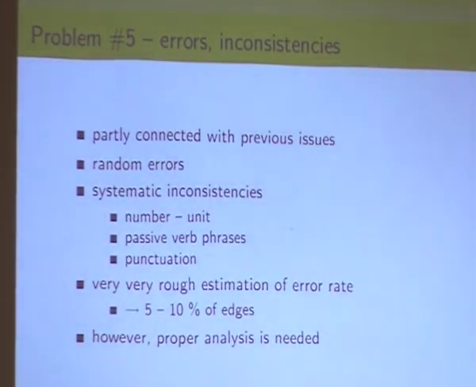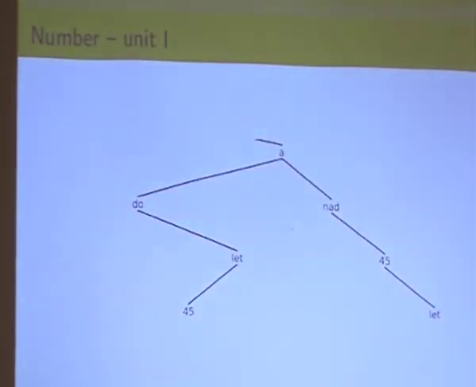However, this is just some number that was based on analysis of several 200 or 300 sentences. But the analysis was manual, so it's quite confident. Well, now finally to the examples.